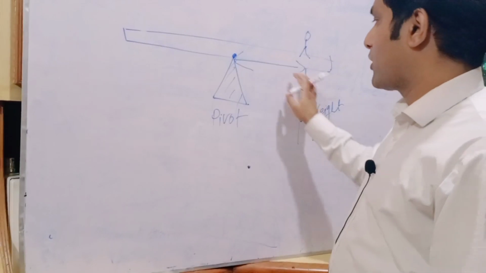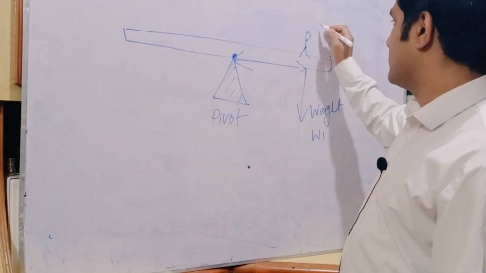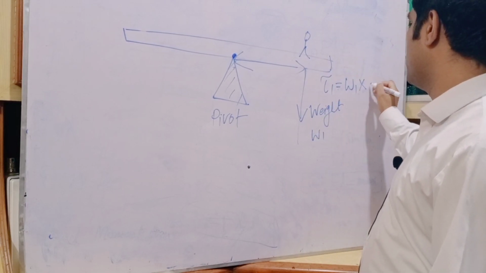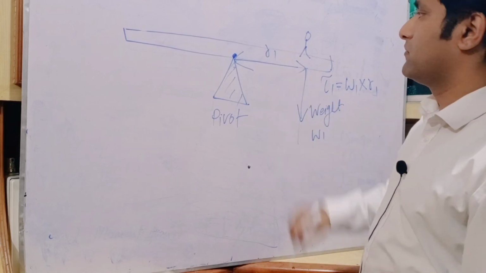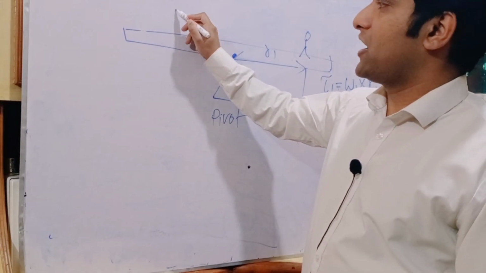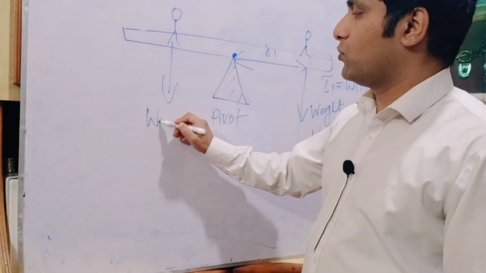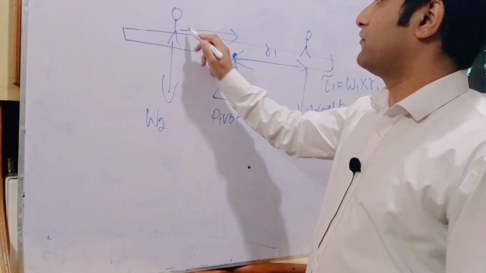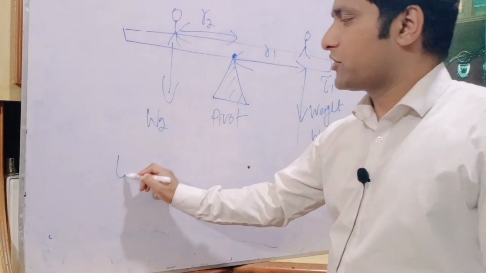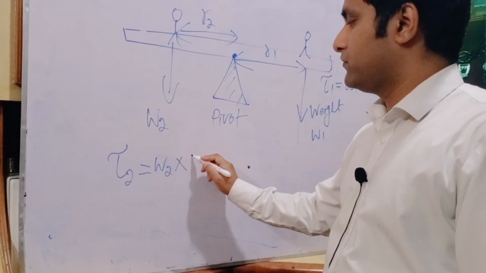The product of these two is called torque. Torque 1 would be W1 into R1. Suppose the second child is sitting over here, his weight is W2 and the distance from the pivot is R2. So the torque will be W2, force, into R2.